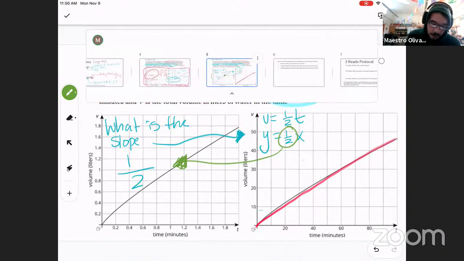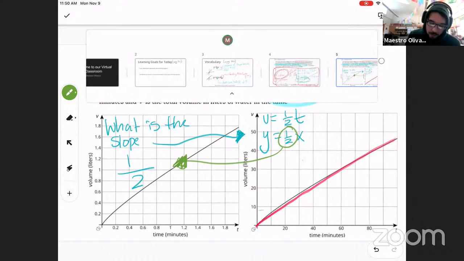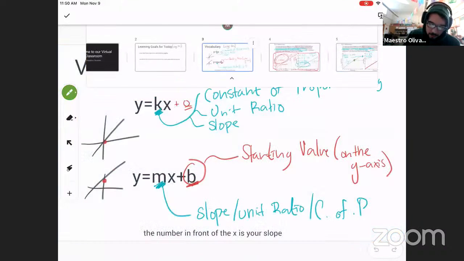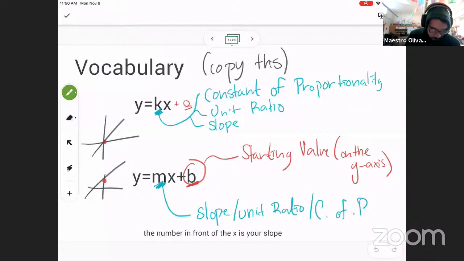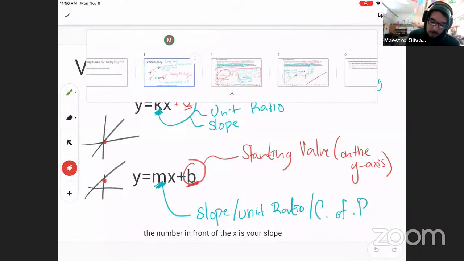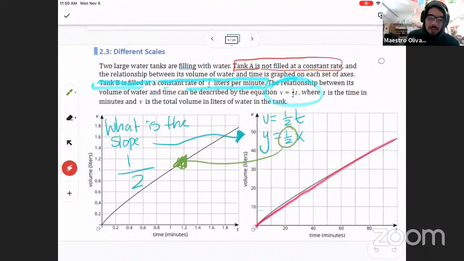You remembered from the notes we took earlier that the number in front of the x is your slope, also known as your unit ratio. Nobody in my last class remembered that, even though it was just 2 slides before that.